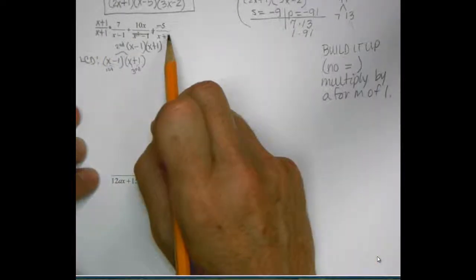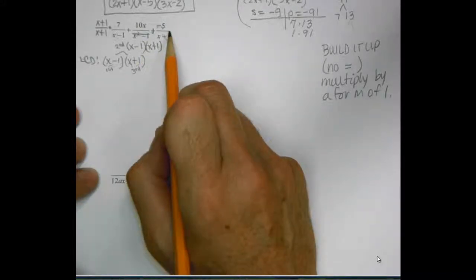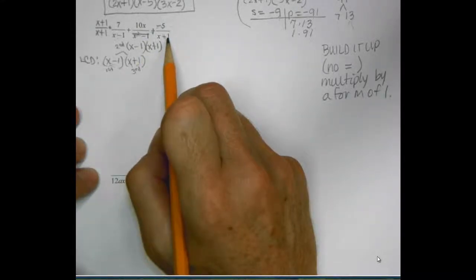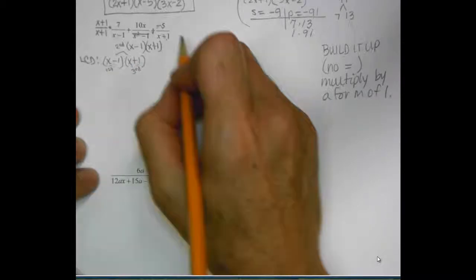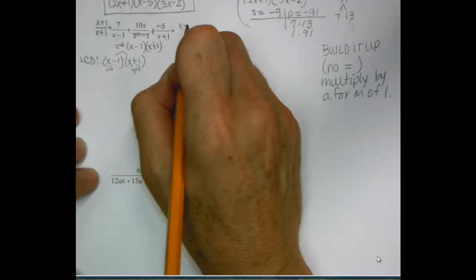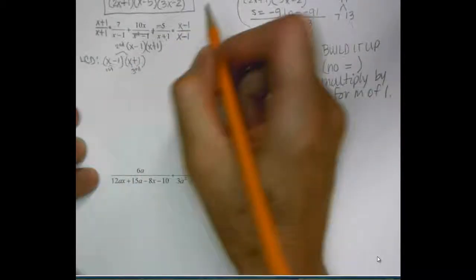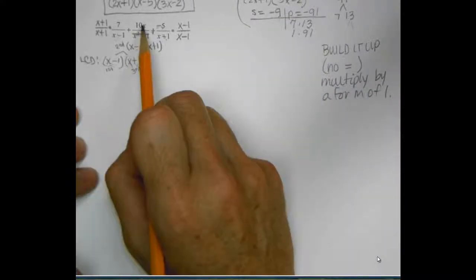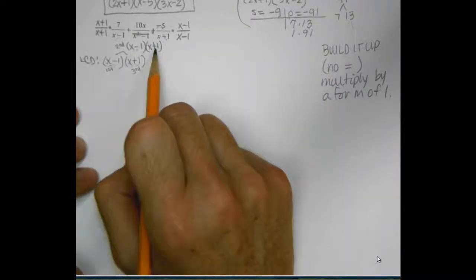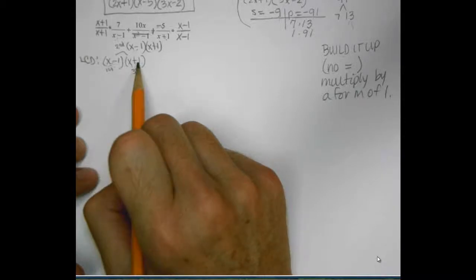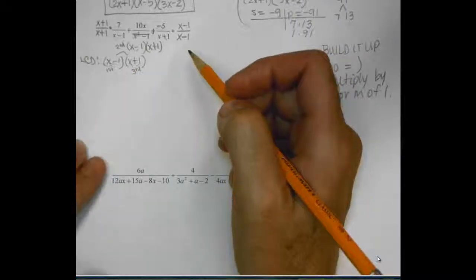And then for my last rational, I have an x plus 1, which is here, but I'm missing the x minus 1, so I multiply by x minus 1 over itself. And for my middle rational, it already has both. It has my entire LCD, so I don't have to multiply it by anything.